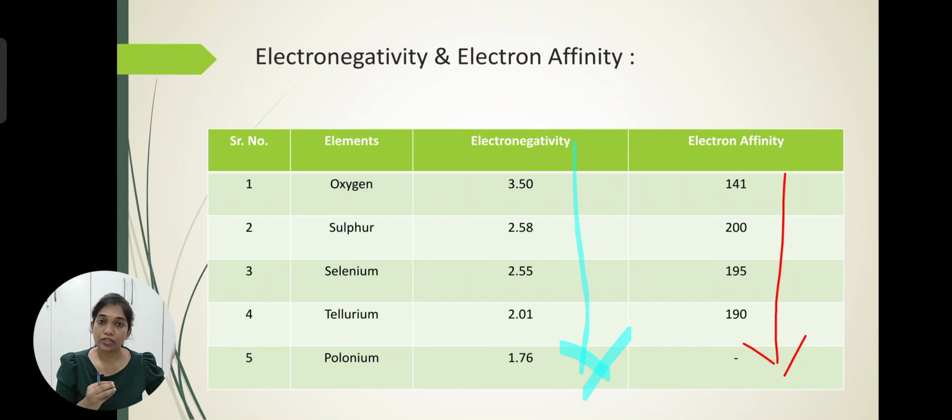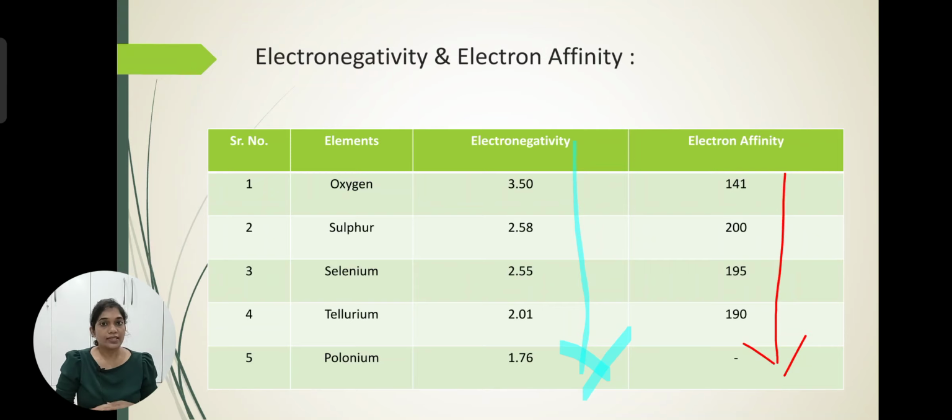If the electron is easily removed, then the electronegative character decreases down the group, and electropositivity increases. Oxygen and sulfur are both non-metals, selenium and tellurium are metalloids, and polonium is metallic in nature. So down the group electronegativity decreases and electropositivity increases.